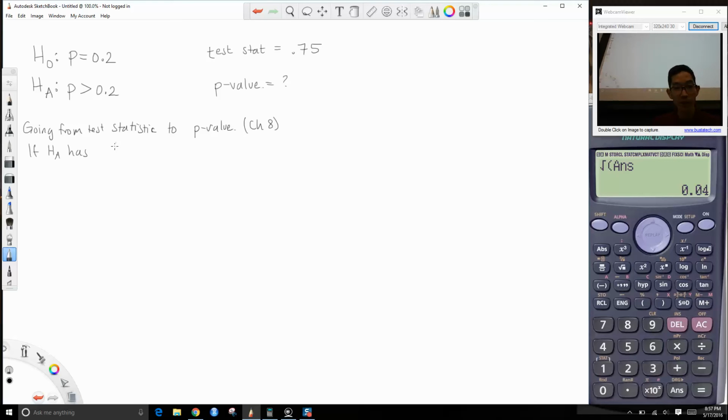If the alternative has a greater than sign, the p-value is equal to the area to the right of the test statistic. If the alternative has a less than sign, the p-value is the area to the left of the test statistic.